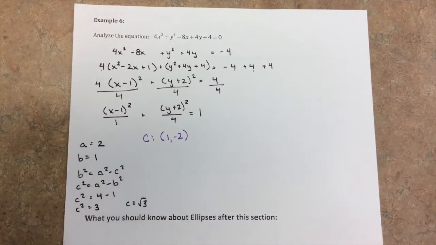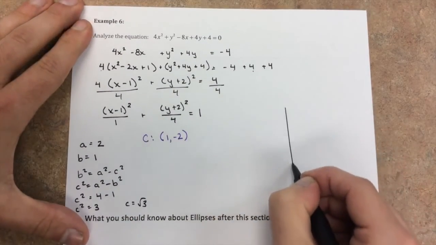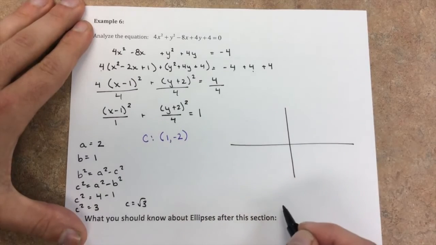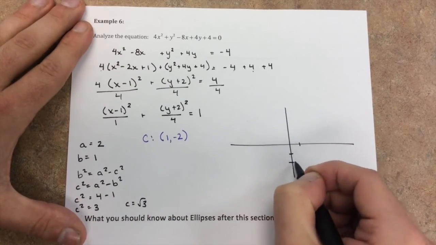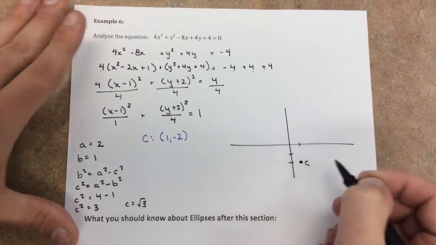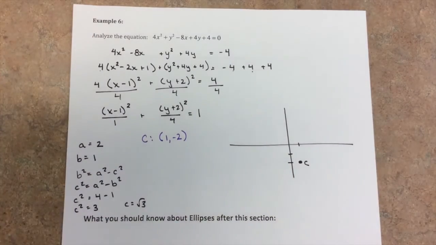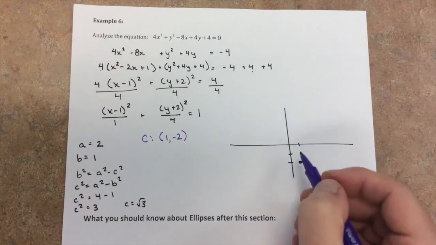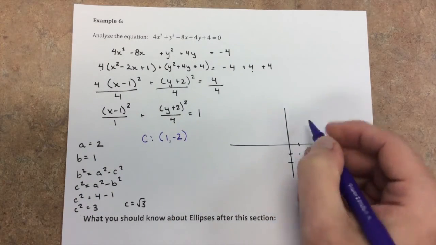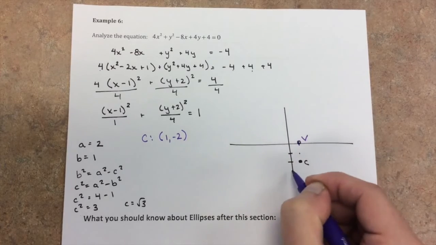We have everything we need now, so all we have to do is graph. We start at our center, 1, negative 2. Label it. Now let's just count. We know that we go up 2 and down 2 on the y. So we go up 2, 1, 2. There's our vertex. And we go down 2.